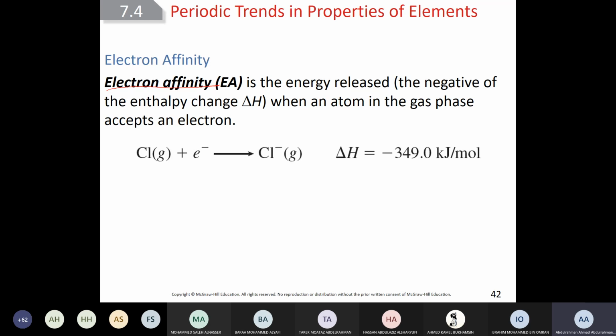This means you have A gas plus electrons goes to what? A minus gas. What's this called? Affinity. The delta H for this one is called what?